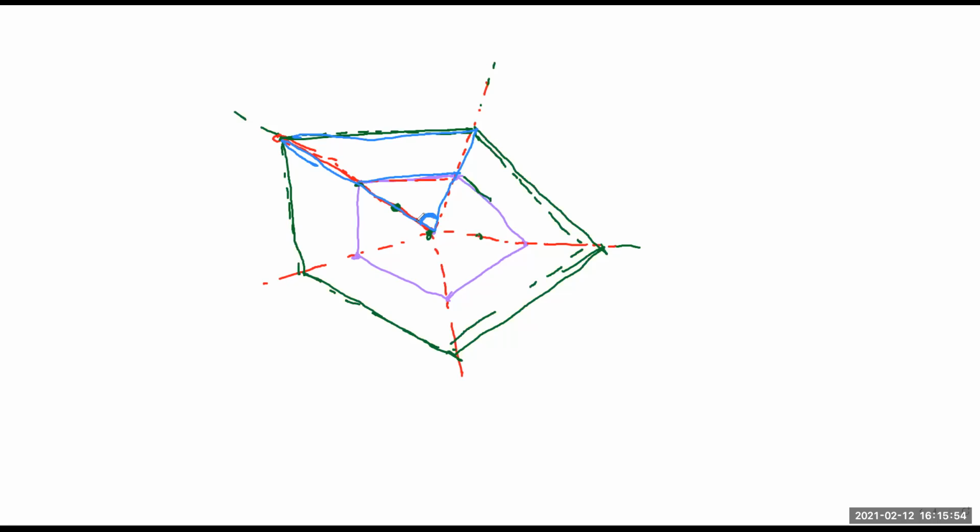Of course, this angle is identical to itself, but remember this line and that line are parallel, which means this angle and that angle are congruent, and also this angle and that angle are congruent. So all three angles are congruent. So the smaller triangle is going to be similar to the bigger one.